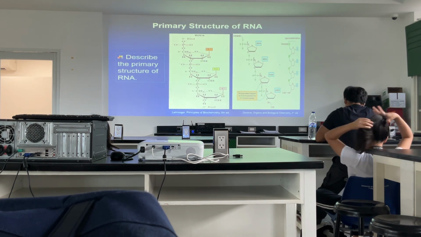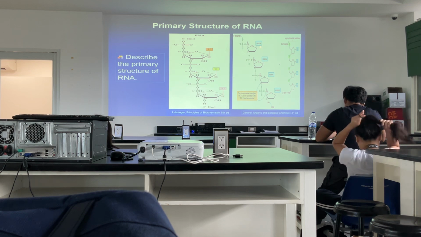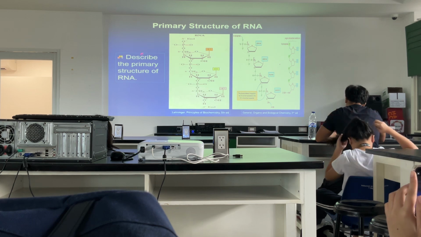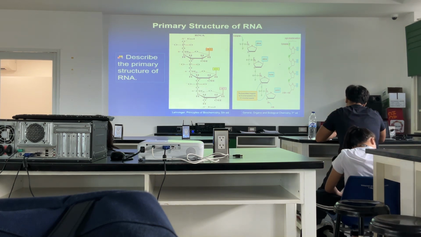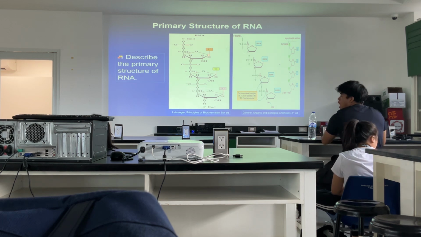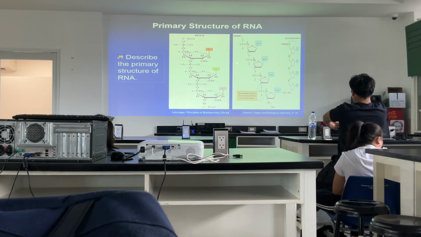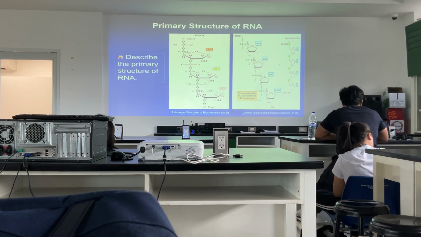So the primary structure of RNA is similar to DNA. This is RNA, but only that in RNA, thymine is replaced with uracil, while in DNA, you have thymine. Okay? So if base pairing will occur, then uracil pairs with adenine, guanine with cytosine, cytosine with guanine, adenine with uracil.